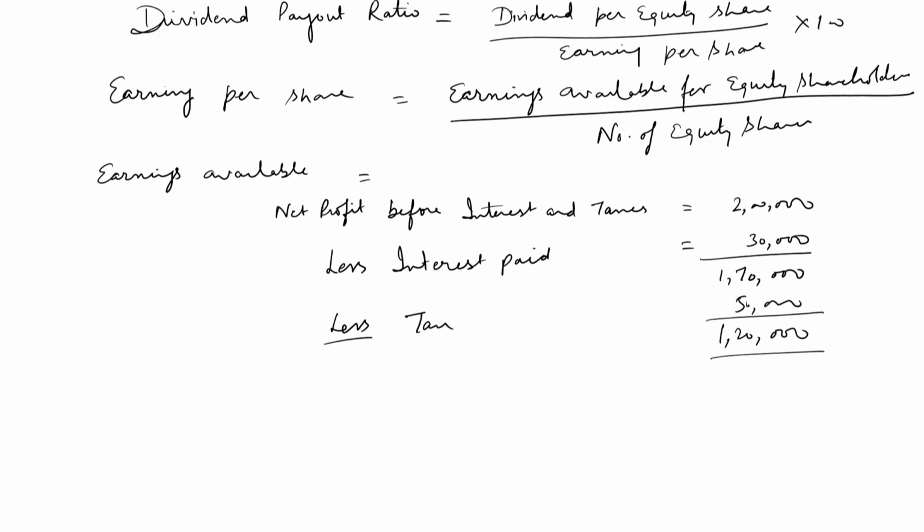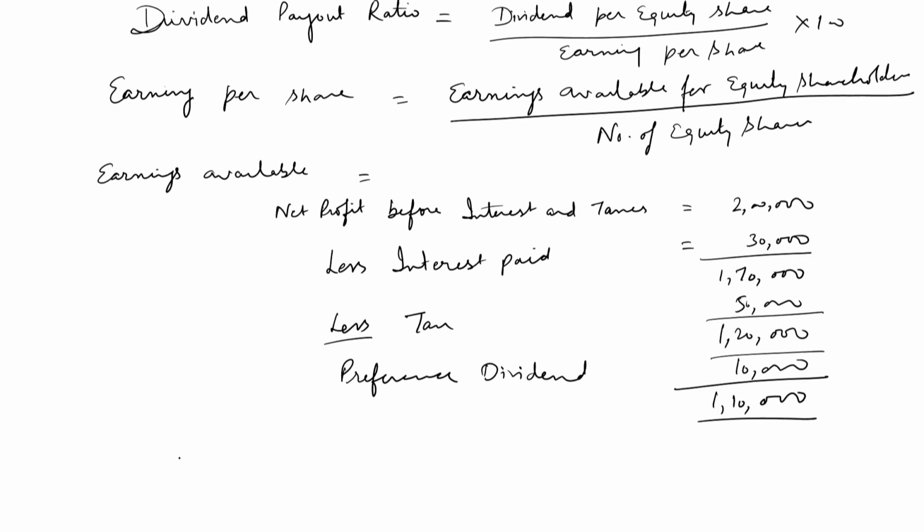into it. But one thing more is given in the question, the preference shares. So out of this 1,20,000, we have to pay the preference dividend to calculate the exclusive amount left for the equity shareholders. So the preference dividend is rupees 10,000. So this 1,10,000 is exclusively available for the equity shareholders.